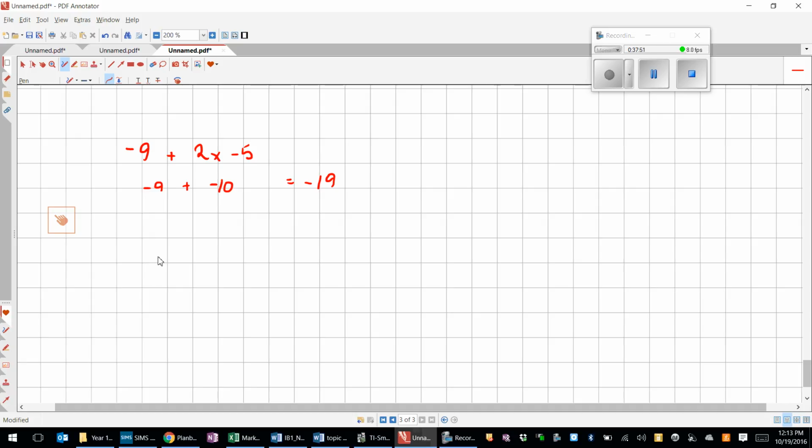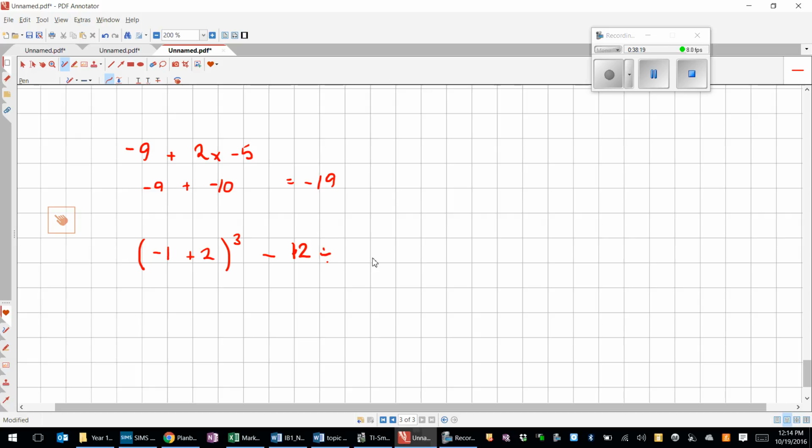B then, we've got -1 plus 2, all of that cubed, minus 12, divided by -2.